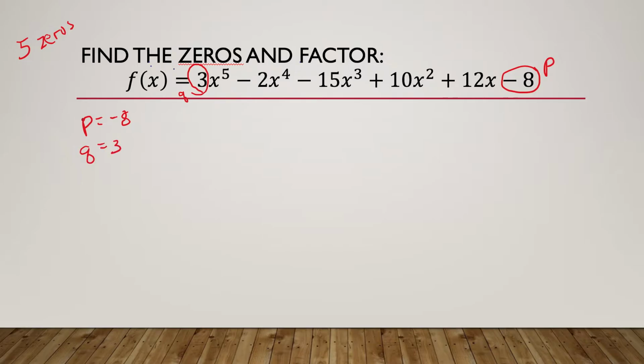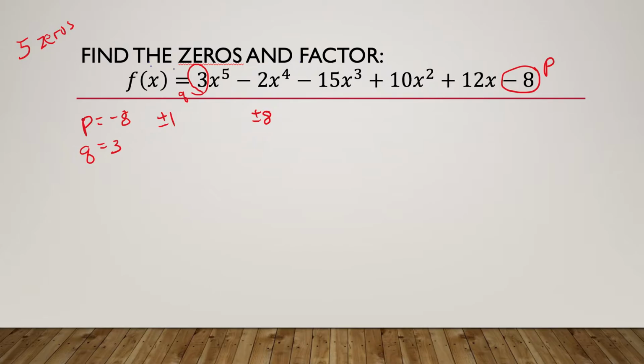And then we want to write the different factors for each one, the different ways that we can multiply numbers together to make 8 and 3. So I'm going to simplify a little bit as I go. For 8, I can do plus or minus 1 and plus or minus 8, because 1 times 8 gives me 8.